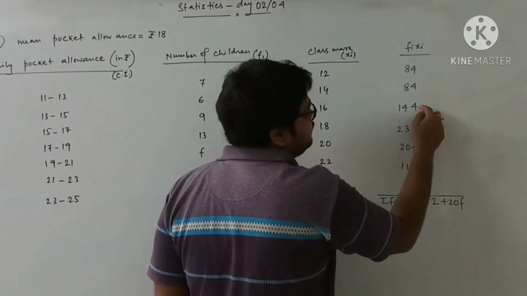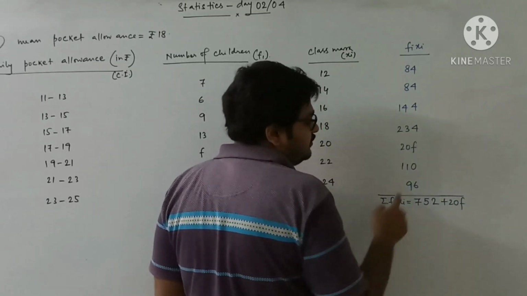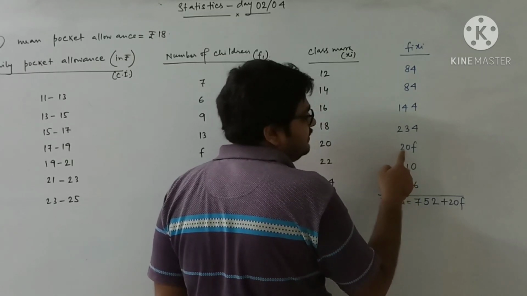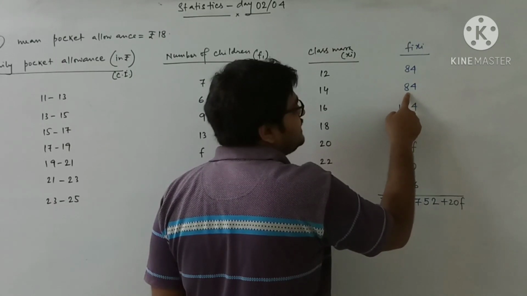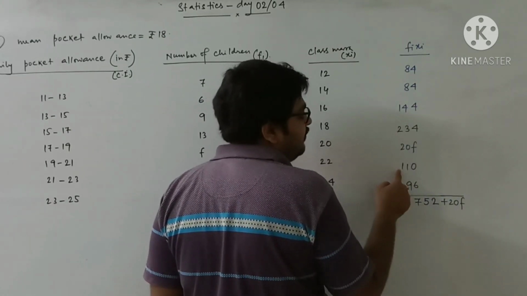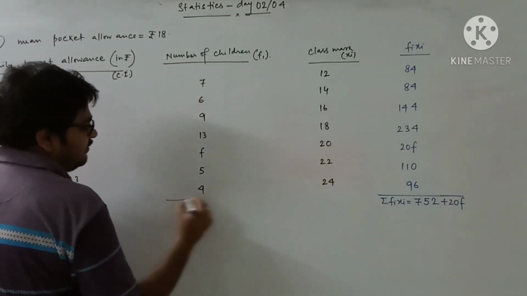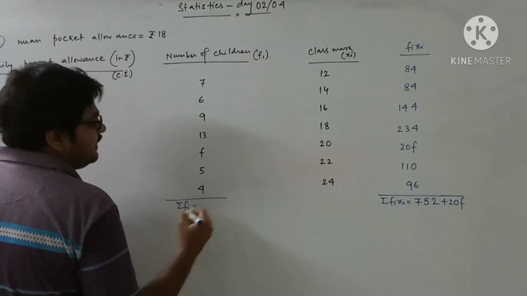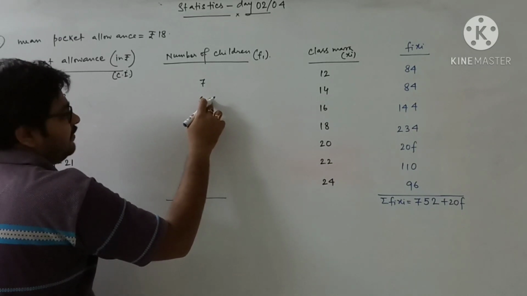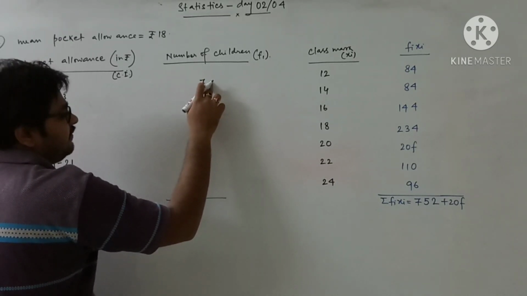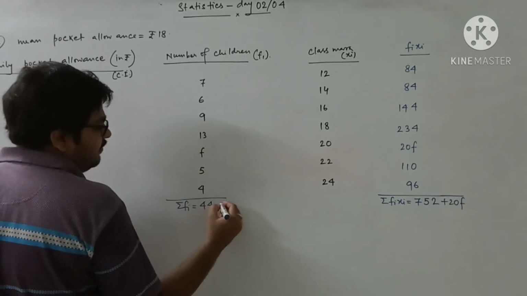And summation of fi we find out here: 4 plus 5, 9, 18, 18 plus 6, 24, 24 plus 7, 31, 31 plus 13, 44 plus f.